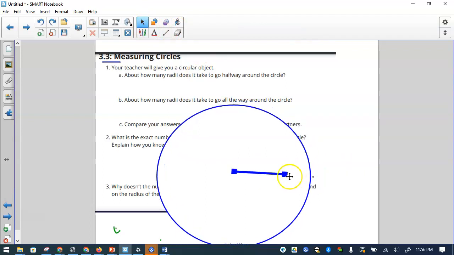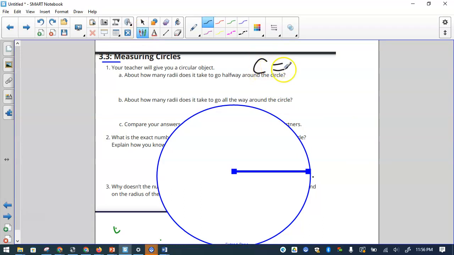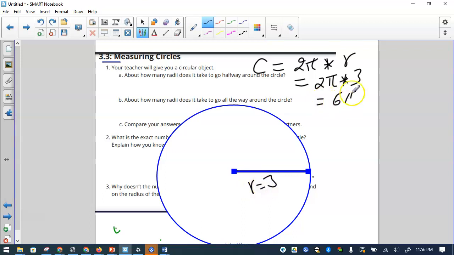Then the circumference for this will be 2 pi times r, which is 2 pi times 3. So that is 6 pi, which is 6 times 3.14. If you multiply, 6 times 4 is 24, and so on, 6 times 3 is 18.